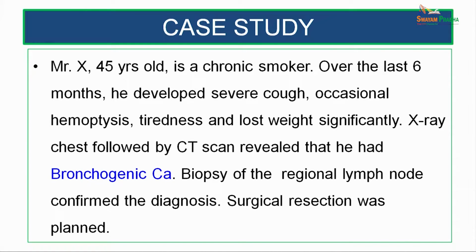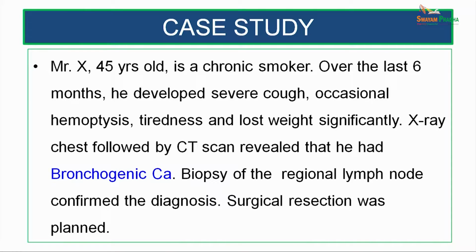Just before we start off with the lecture, let us have a case scenario, which over the session we will be able to answer the questions that follow. Mr. X, 45 years old, is a chronic smoker.